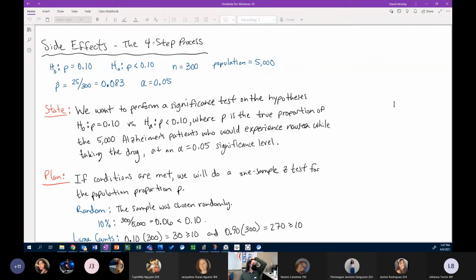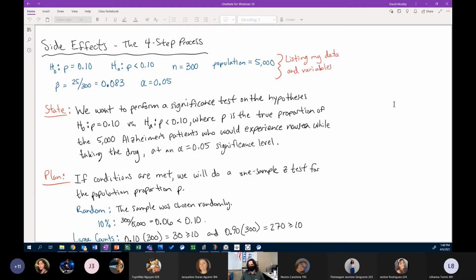All right, so the 4-step process on our side effects question. The first thing that I did, which is something I do for my own process and is not part of the 4-step process, is this top little section here, listing my data and variables.